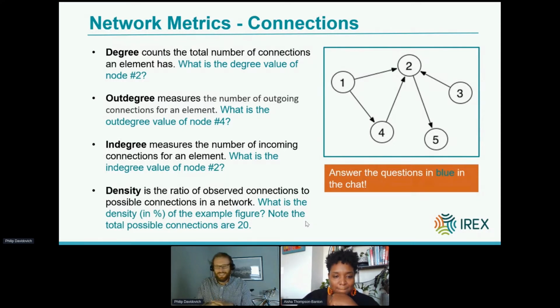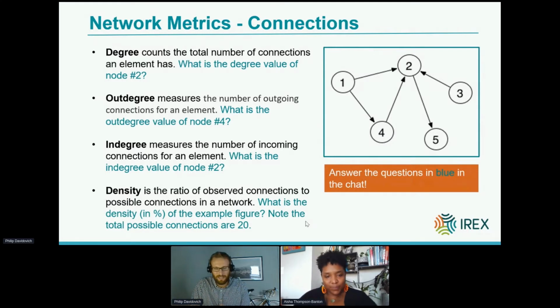For sure. So for density, again, it's the ratio of observed connections over the possible connections. We know that the possible connections that could exist are 20. The reason we know that is because you can only have one connection to one other person, at least in this basic kind of graph. There are 5 different people, and each person can only have a maximum of 4 connections across the whole network.